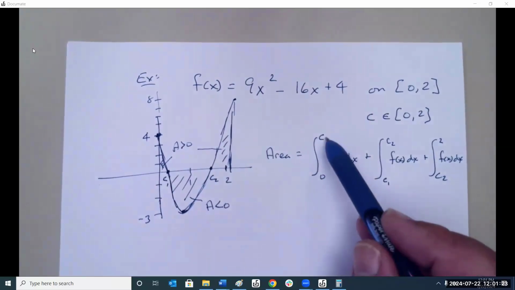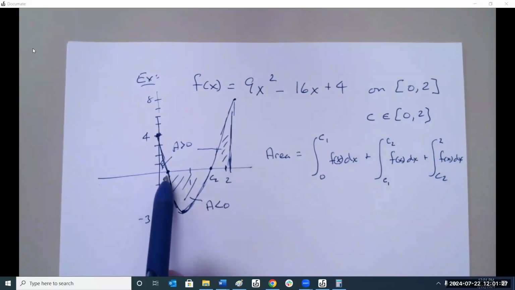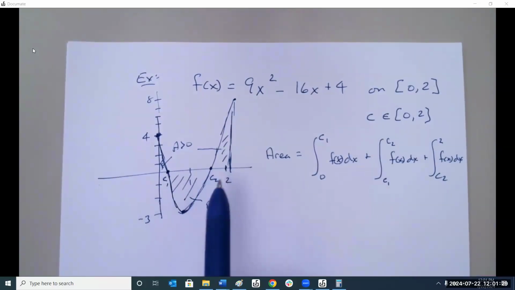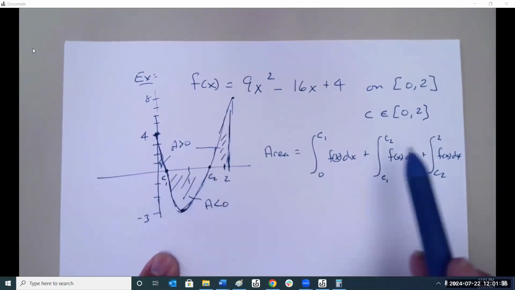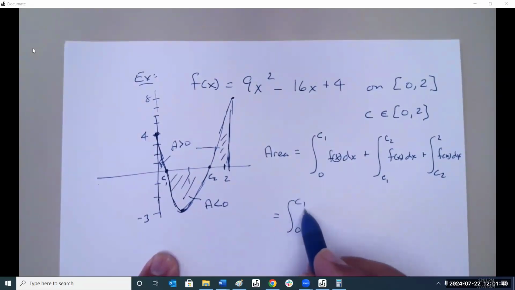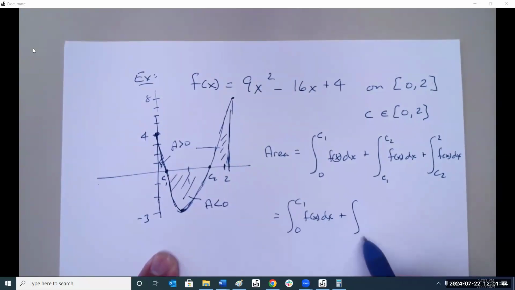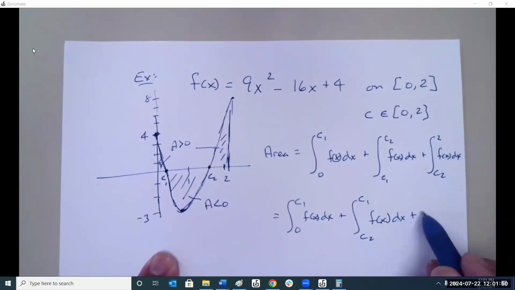These bounds of integration are your x values. From 0 to C1, C1 to C2, C2 to 2. Now, since the middle part here from C1 to C2 is going to be negative, I would fix that by changing the directions of the integration.